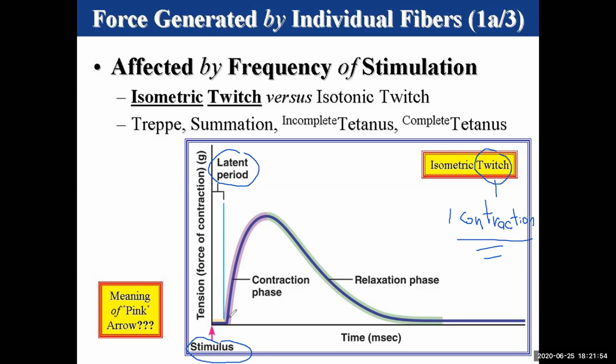And once that happens, you can see there's a contraction phase getting to a maximum tension, and then the relaxation phase. What it means is that during the contraction phase, the action potential is still present, still propagating throughout the sarcolemma.